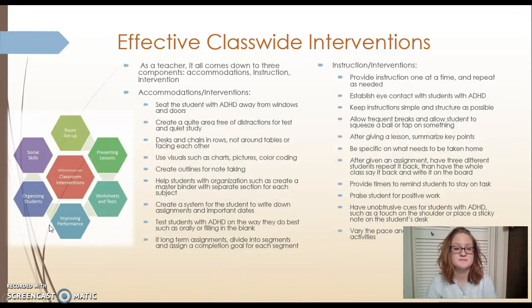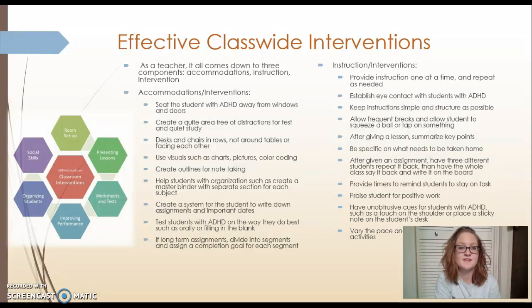Some effective class-wide interventions include 3 important components the teacher needs to know: accommodations, instructions, and interventions. It is important that the teacher has the room set up specifically for students with ADHD.